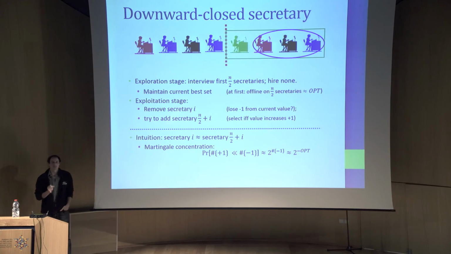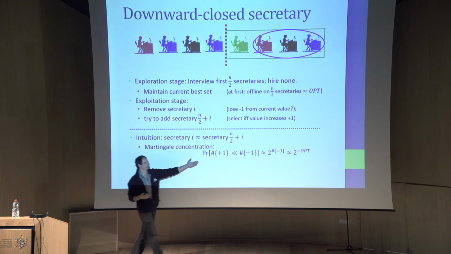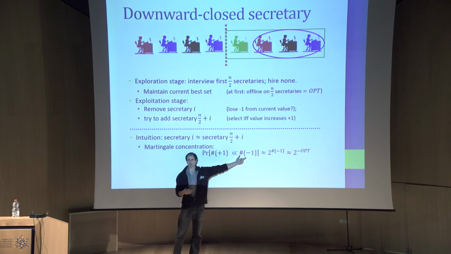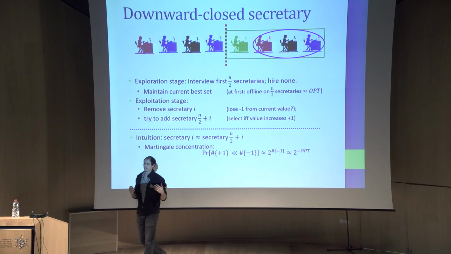And this is not just an expectation. I have a very good concentration. So if you take whatever fancy martingale concentration inequality off the shelf that you want, you expect that the number of plus ones is approximately the same as the number of minus ones. What's the probability that they're very different?